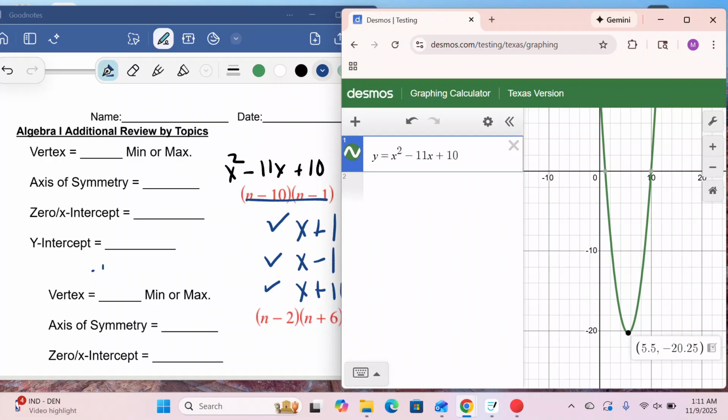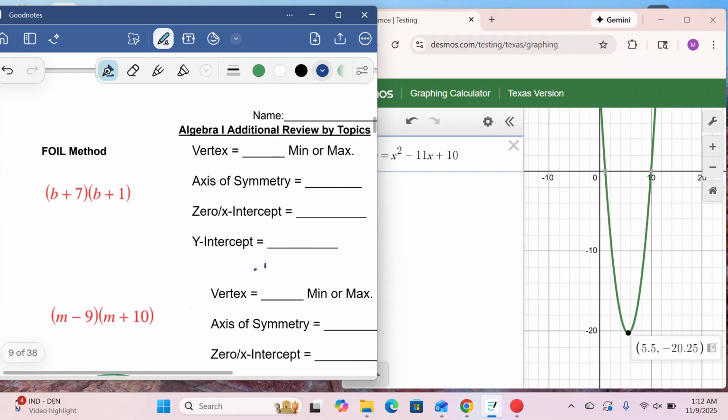Oh wow, I have a negative and a positive, and then I have decimals to deal with for our vertex. So I'm going to put my vertex right here just to give us a little bit more space. My vertex is 5.5 comma negative 20.25, and you might say negative 20 and 1/4, or 5 and 1/2.